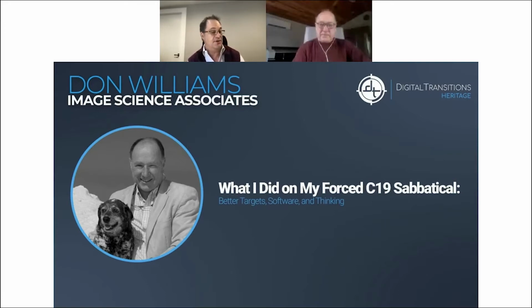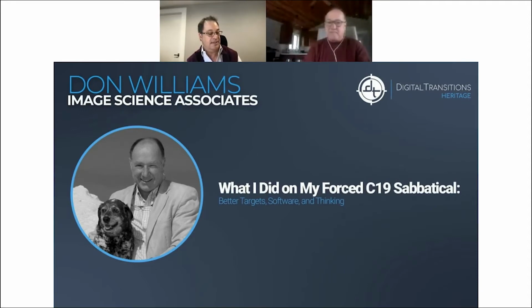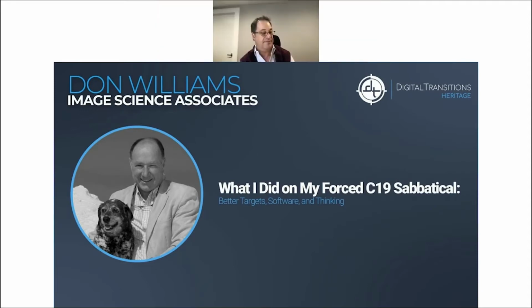Don Williams is the founder of Image Science Associates, a group of elite specialists dedicated to science-based digital image capture protocols as reflected in the Golden Thread software and imaging targets they developed and evolved.